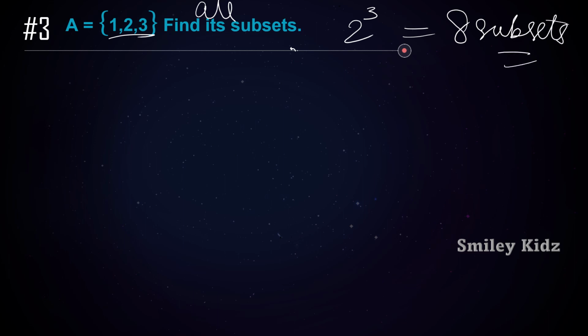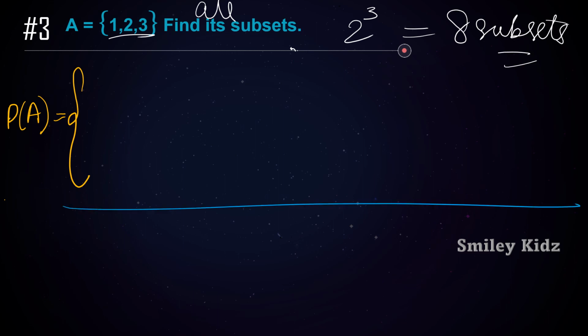Fine. Now, if I need to build on the power set, I'll write first of all, let me erase this, I'll write P of A and open the curly brackets, and now here I'm going to write on my subsets. Now this collection of subsets is together known as a power set.